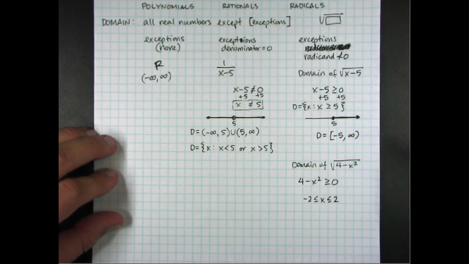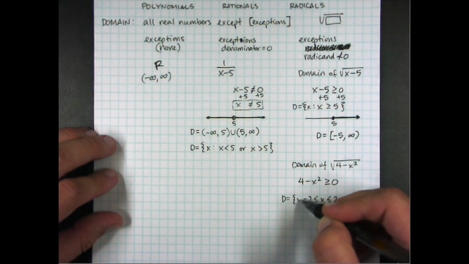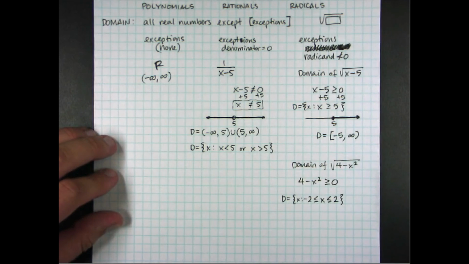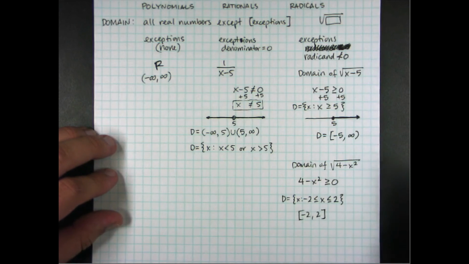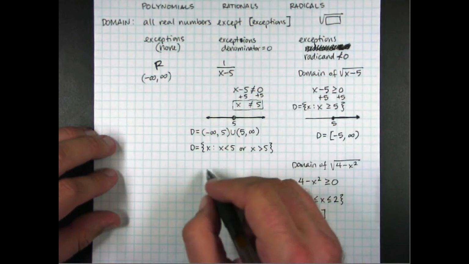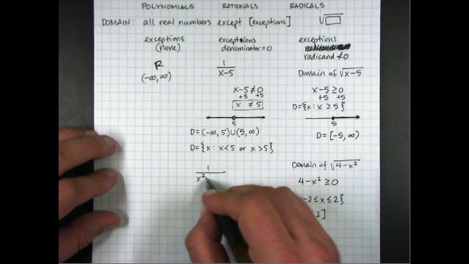The math is beyond the scope of what I'm doing right now. Suffice it to say, the domain is the set of x that meet that condition, or in interval notation, that.